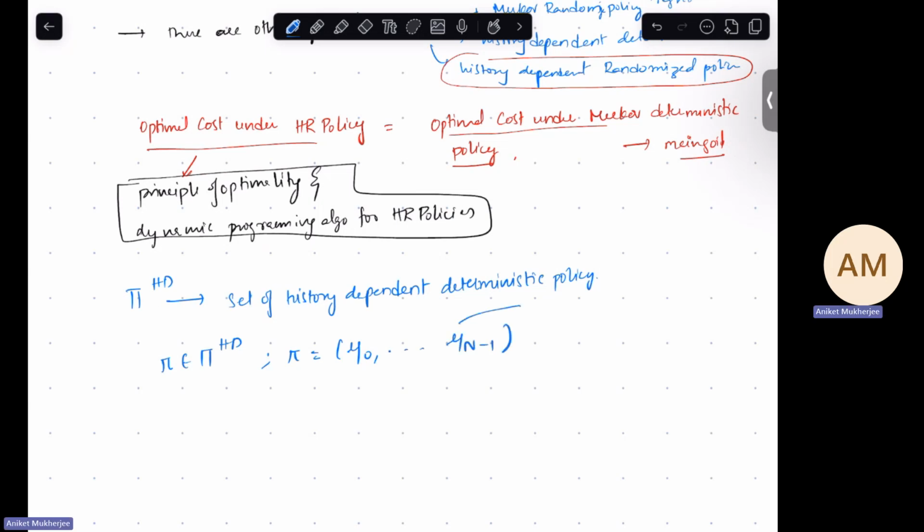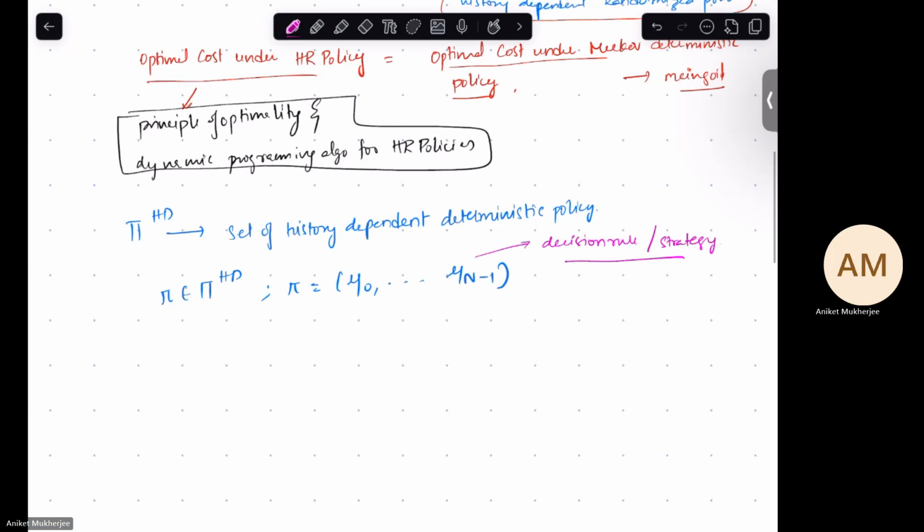Each of them is a decision rule or strategy.